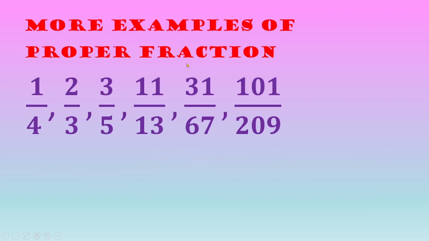Some more examples of proper fraction are 1/4, 2/3, 3/5, 11/3, 31/67, 101/209. In each case, the numerator is smaller than the denominator. So these are proper fractions.